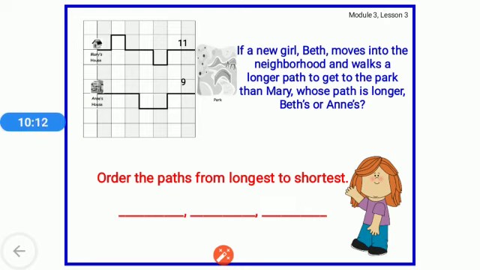Whose path is longer, Beth or Anne? Remember, the new girl Beth walks a longer path. From those statements, we've answered the question. Mary's path was 11 blocks. Anne's 9. Right?